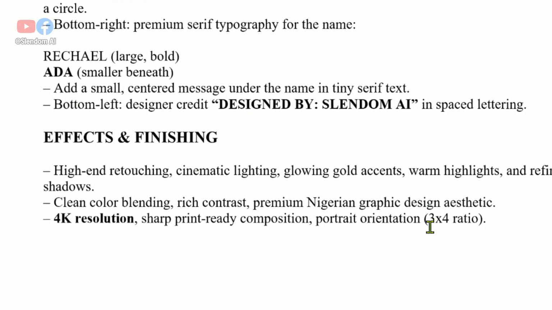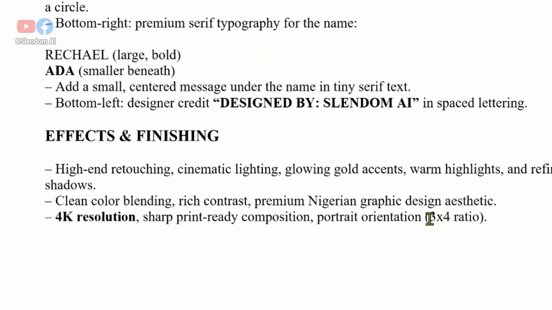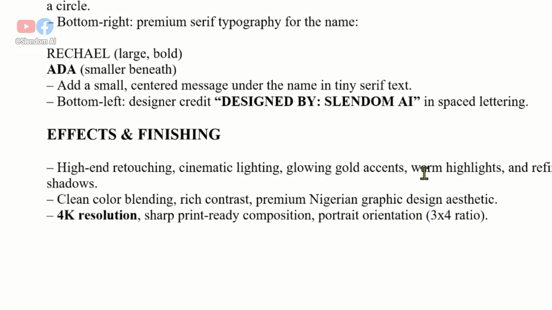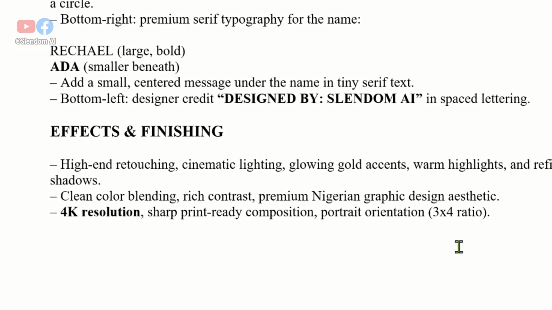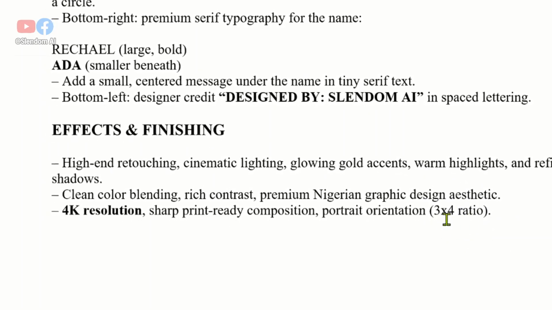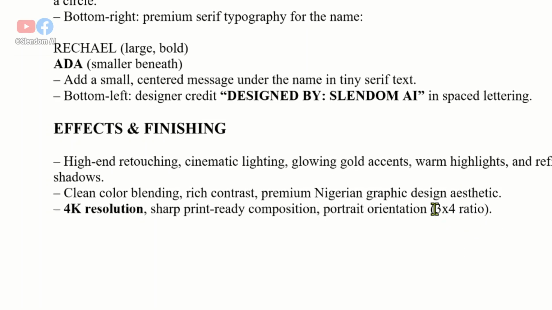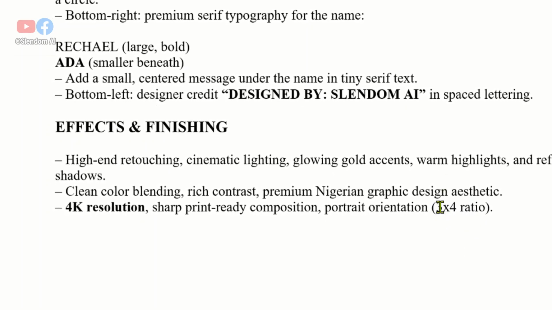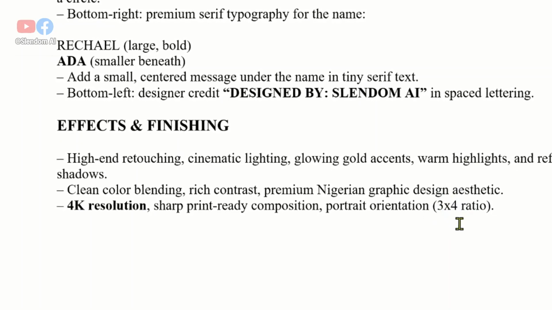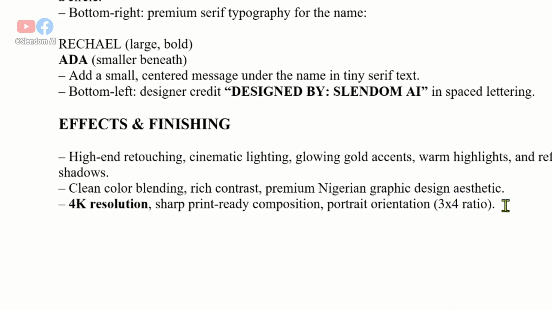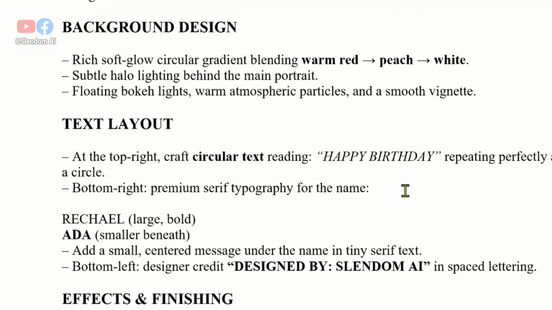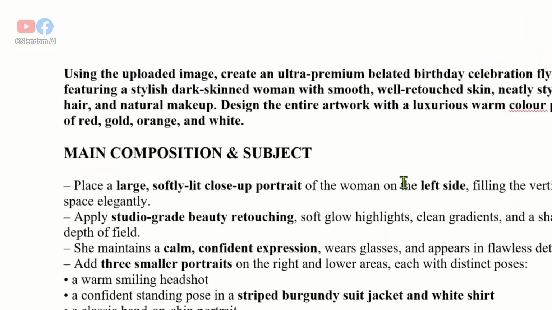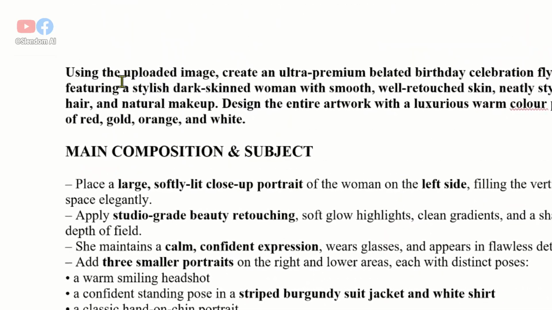Depending on the one you are using, some tools will allow you to input the size, the aspect ratio of the image you want to create. But ChatGPT does not have that setting. You include it in the prompt itself. So that is why I have included it here, 3 by 4. That is very important. Then another thing that is also important is to include that it is an image.